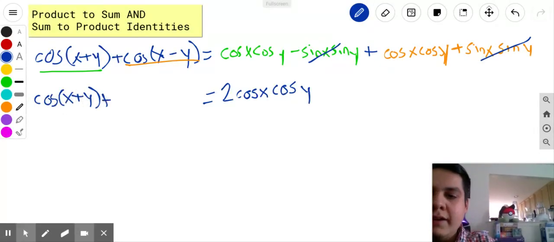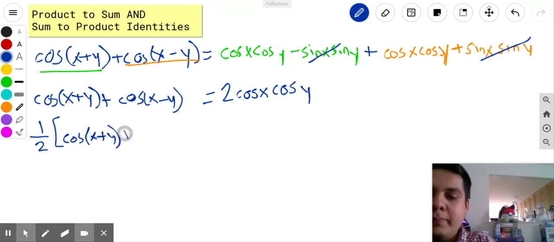And so if my goal is to write this product in terms of a sum, then I could say this would equal 1/2 of the sum of cosine of x plus y plus the cosine of x minus y.